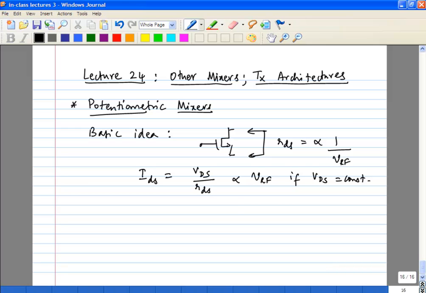And obviously if VDS is directly proportional to the LO voltage, then right, very simple idea. So you are going to bias the transistor in the linear region and try to make its RDS inversely proportional to RF.